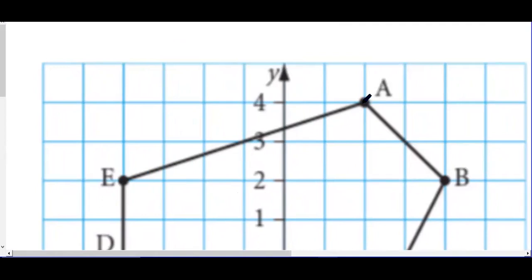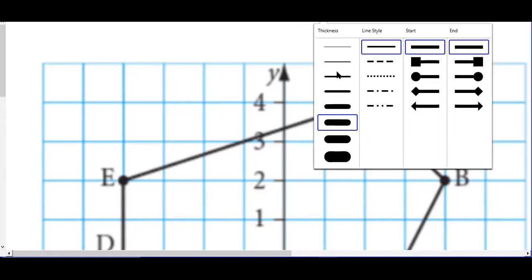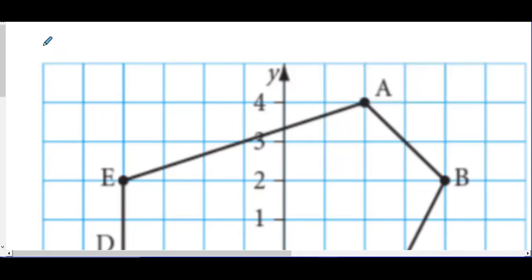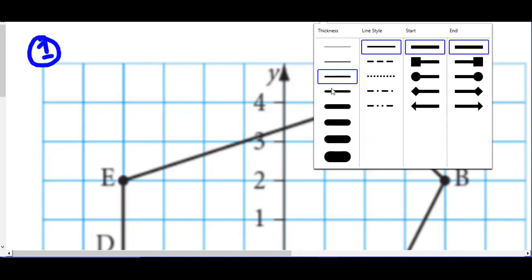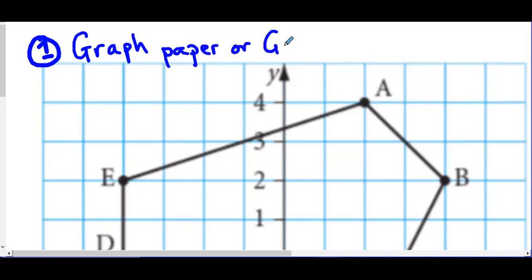Now, the midpoint of this line from A to E, we are going to use the first method, which is finding the midpoint by drawing the given line on a graph paper. So we are going to use the first method of finding the midpoint of a given line by drawing the line itself on a graph paper, or on a grid.